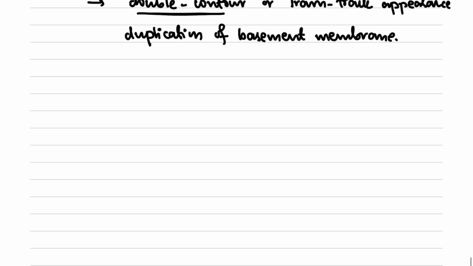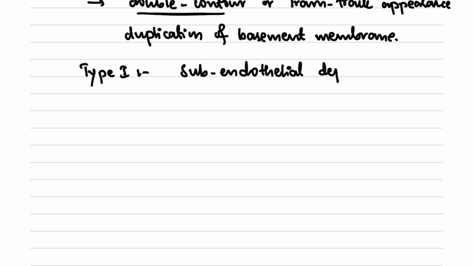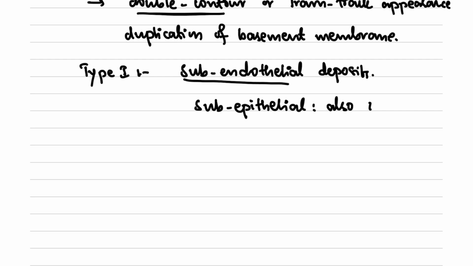We can see two different types of deposits. In type 1 we will see subendothelial deposits, but subepithelial deposits can also be present in MPGN type 1.